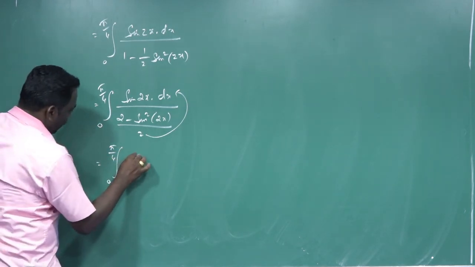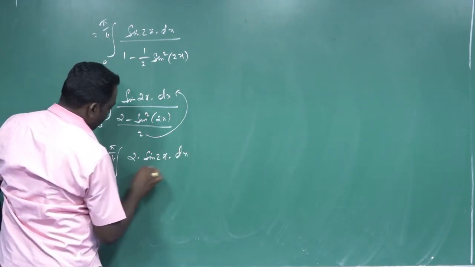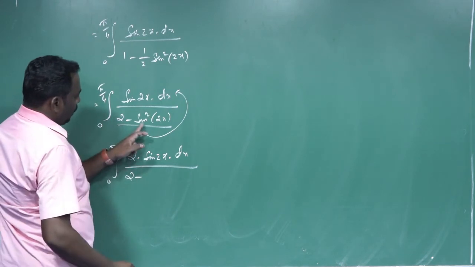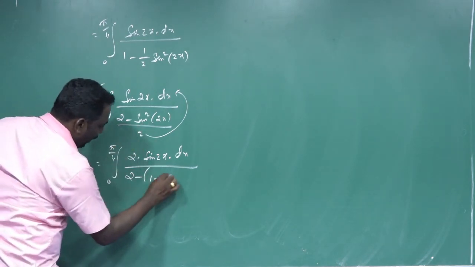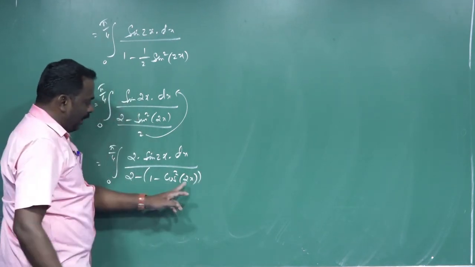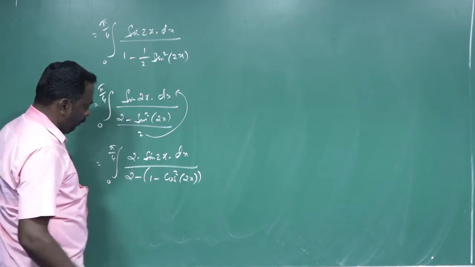That is equal to integral 0 to pi by 4, then 2 into sin 2x dx by 2 minus sin square, we can write 1 minus cos square 2x. Here theta value is 2x, sin square theta equal to 1 minus cos square theta.